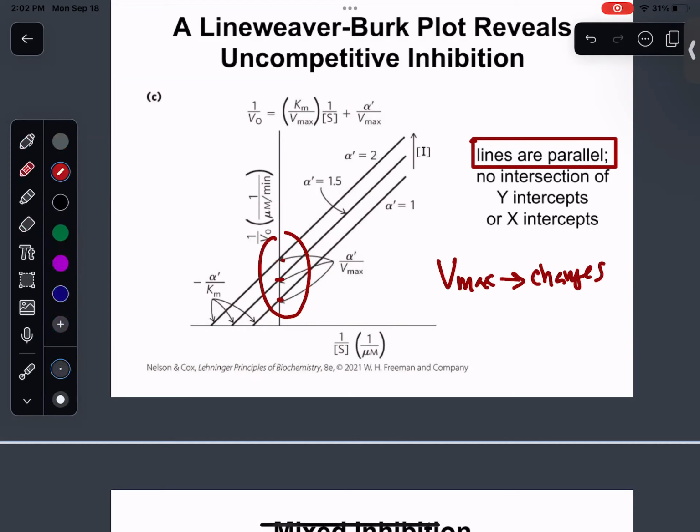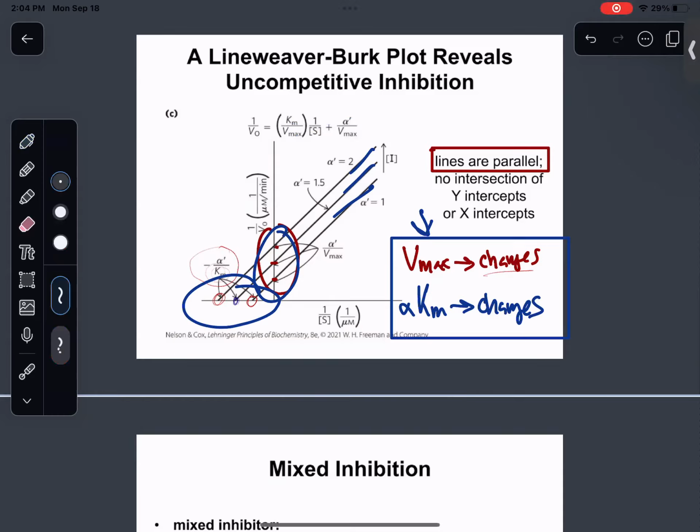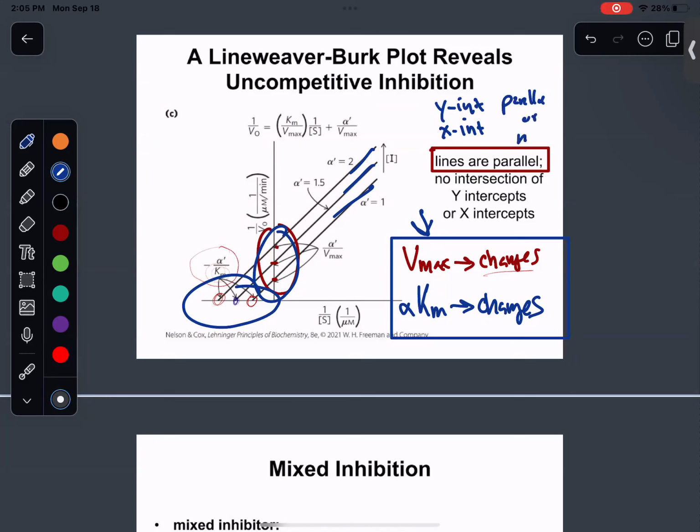Okay, just for now. And I'm not saying these equations aren't important, because they are, and they do tell you what's happening on the graph. But again, the graph is just a representation of the equation. So again, don't flood your brain with too much stuff. Get the basics down, and these are the basics. Your y-intercept, your x-intercept, parallel or not.